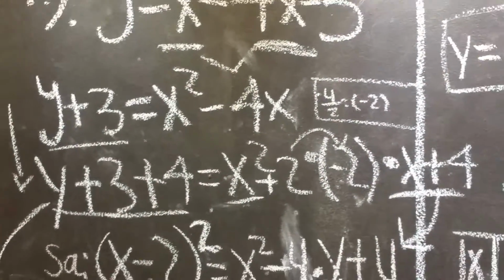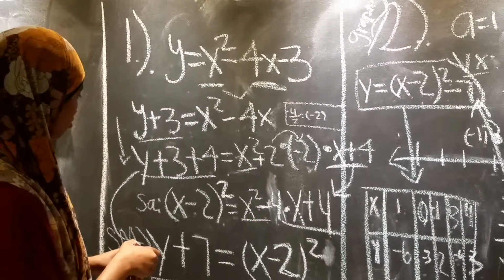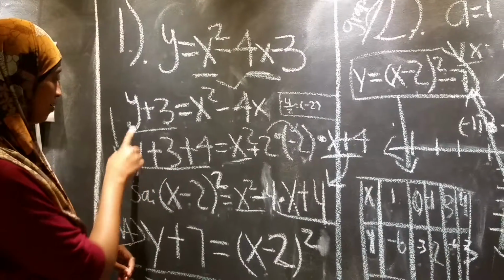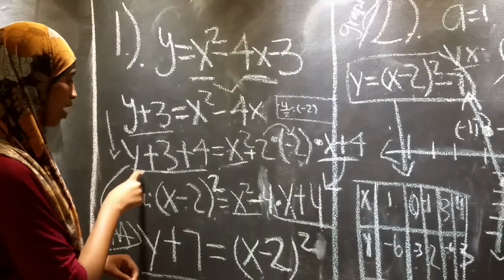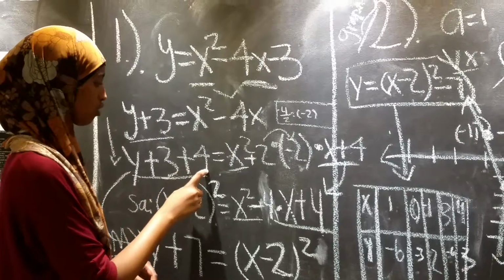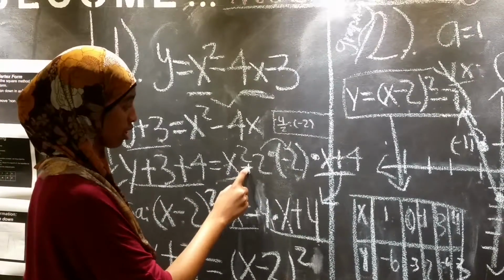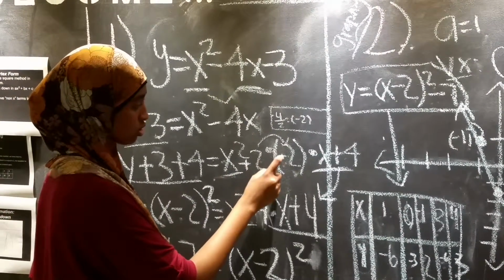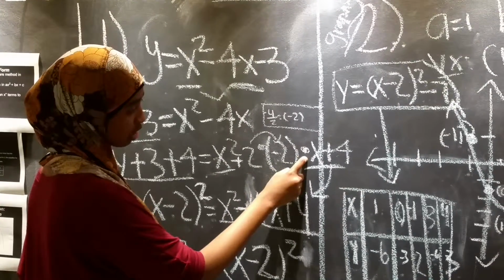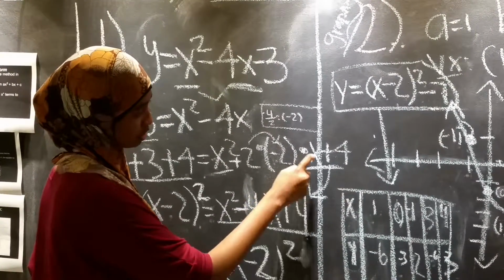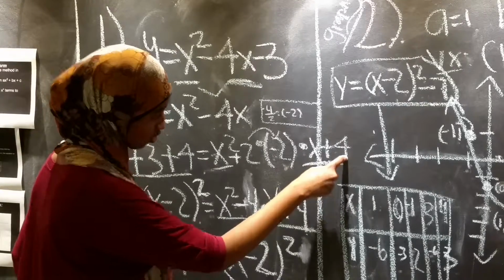We bring it down to y plus 3 plus 4 equals negative x squared plus 2 times negative 2 times x plus 4.